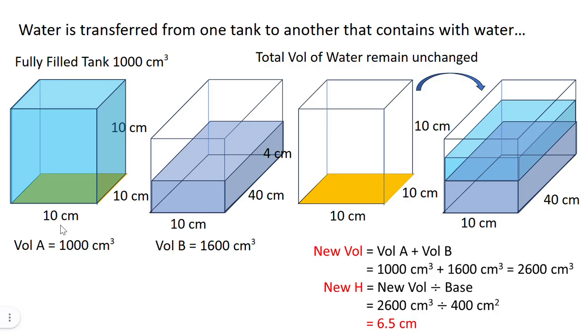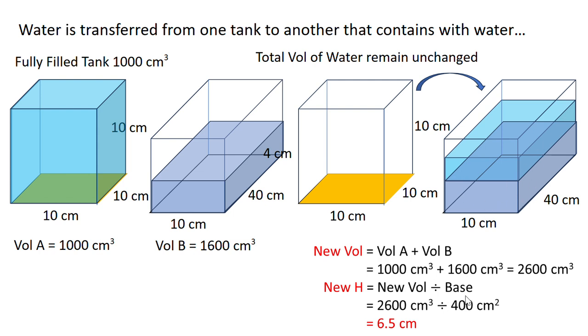First, you find the volume of container A, which we know is 1000 centimeter cube, 10 times 10 times 10. We find the volume of water in container B, which is 10 times 40 times 4, which is 1600 centimeter cube. Now container A is empty, everything goes into B. So the volume of water in container B is container A plus container B: 1000 plus 1600 gives 2600 centimeter cube.